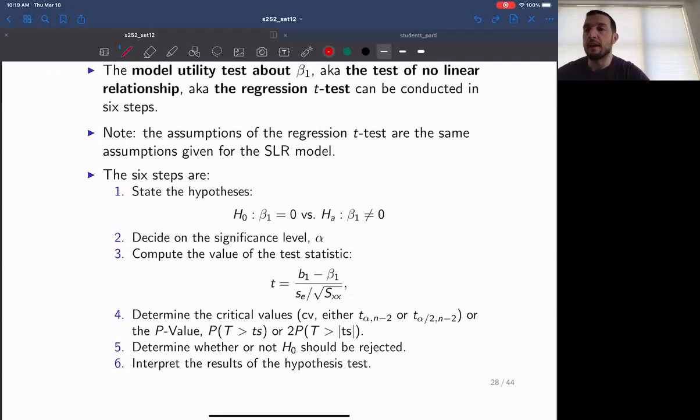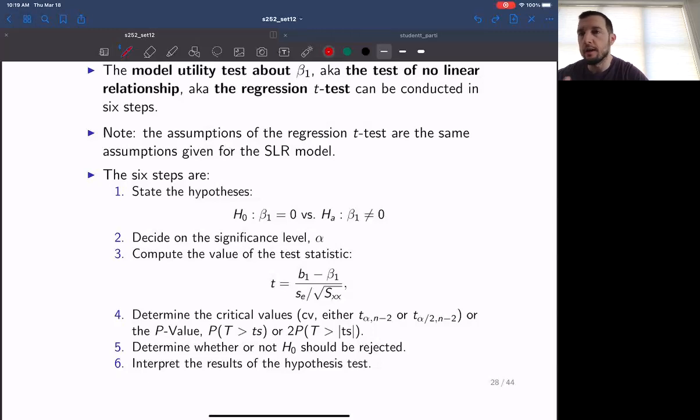The hypothesis test itself, so the 2-sided test of beta 1 equal to 0, is conducted in the usual 6 steps. The test statistic, which is shown on step 3, is a t-value, which means that we are using the student's t-table. Whenever we use simple linear regression, our degree of freedom is equal to n-2.